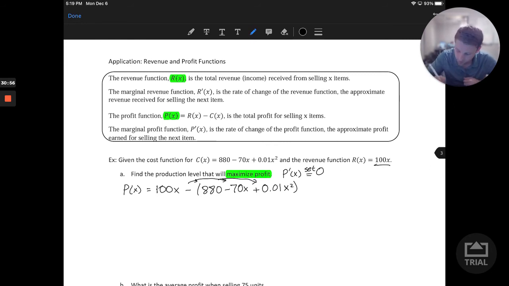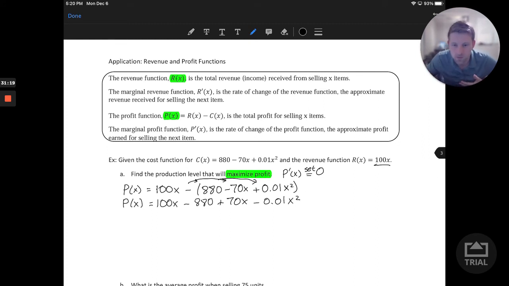We can rewrite this a couple times just to be very clear. We have 100x, minus 880 plus 70x, and then minus 0.01x squared.